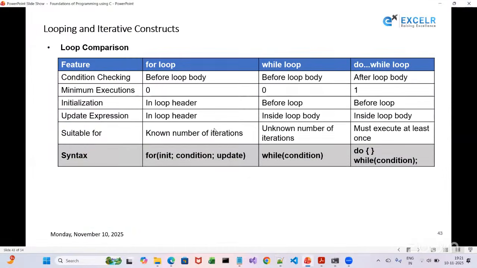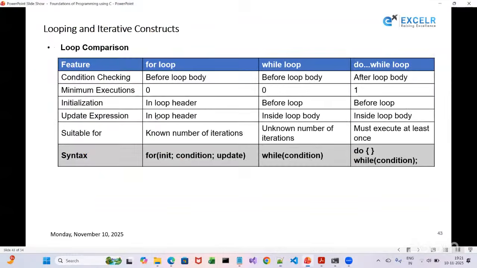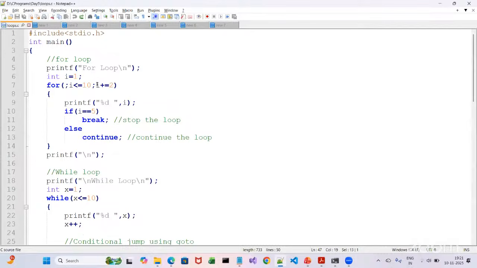But in do while, the condition is checked after the loop body. Here you first write the statements, execute them once, and then the condition is going to be checked. Second, minimum execution is 0. Why? Because if the condition is false initially, it will not execute.